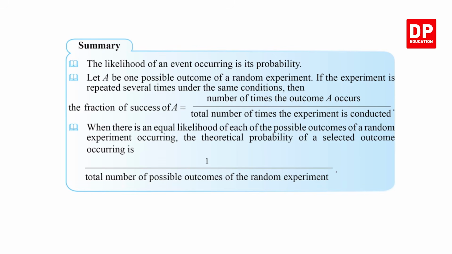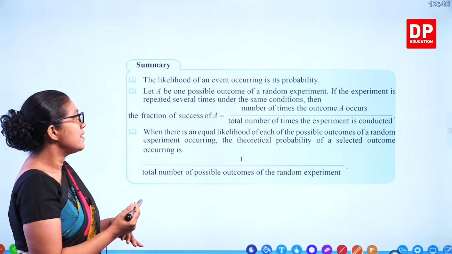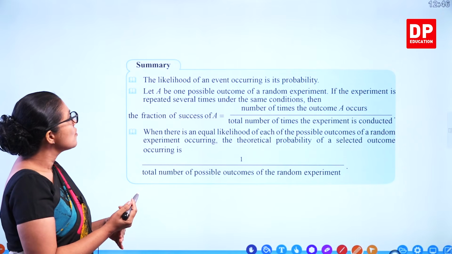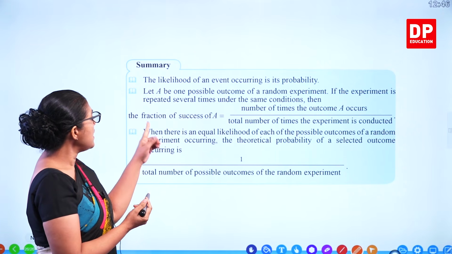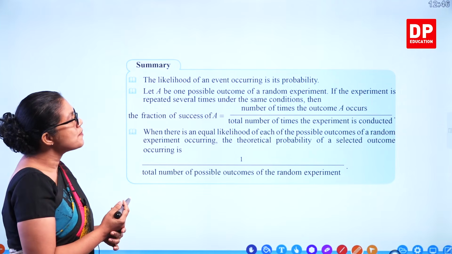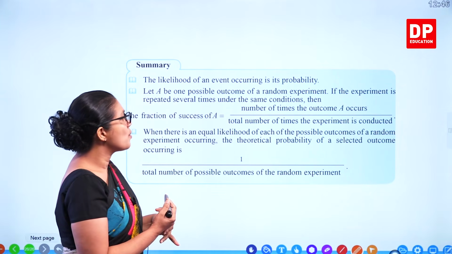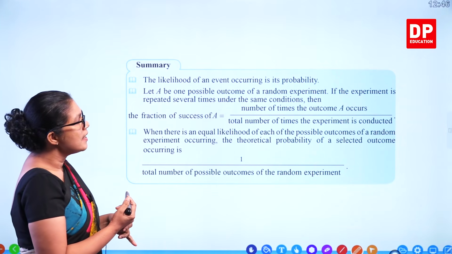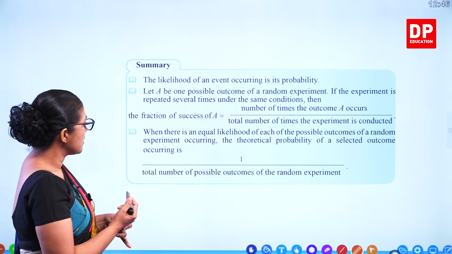So we covered all theory related to probability. The likelihood of an event occurring is its probability. So how do we find the probability? A fraction of success: the number of times the outcome A occurs over the total number of times the experiment is conducted.